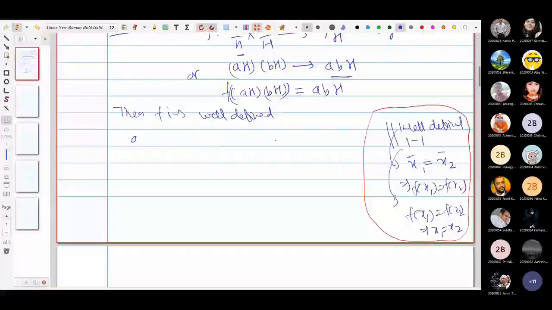So you can take AH equals BH, and some other element, A dash H equals B dash H. Then you need to operate on them, because you need to take two elements from here. Then you can talk about AH and then A dash H, which is an element in this set.